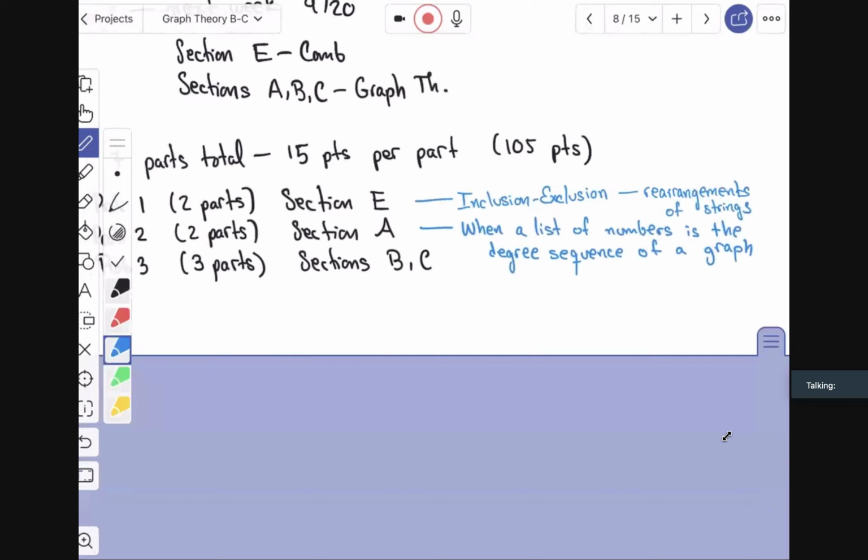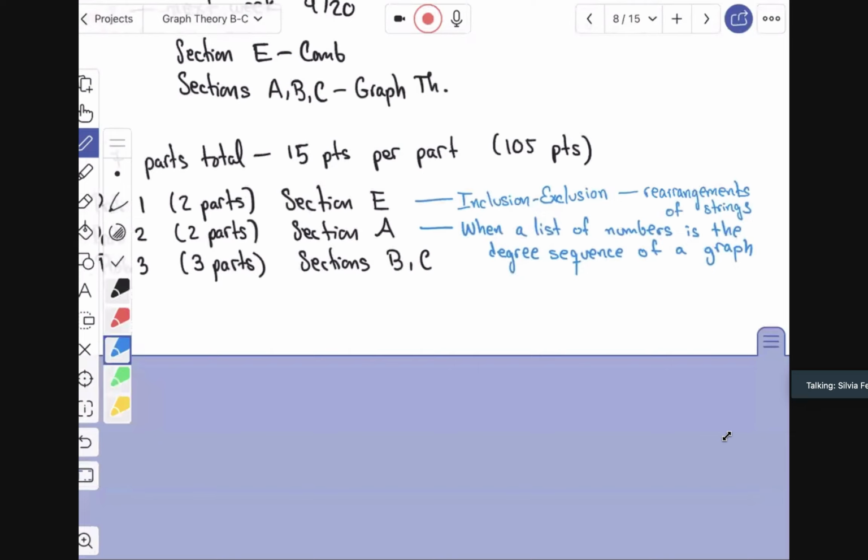You should definitely know the algorithm because the algorithm allows you to do both things. It gives you a list of instructions to actually construct your graph when there is one, right?